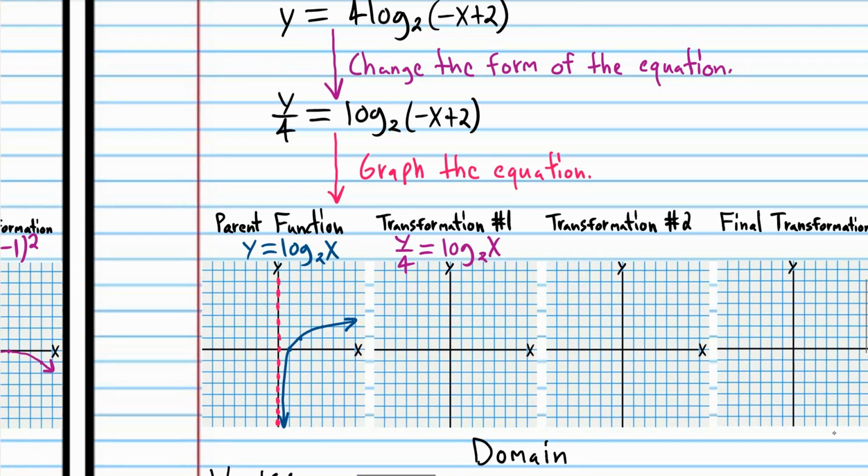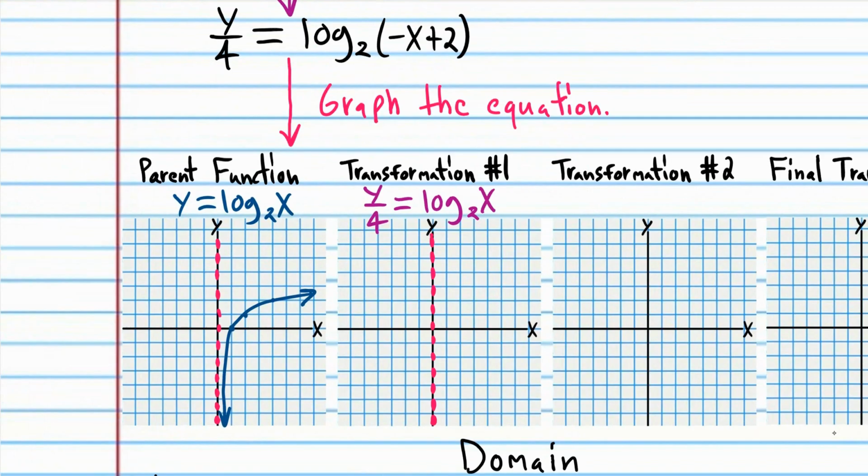So I replaced y with y over 4. And that's not going to affect the vertical asymptote. So we're going to multiply all the y values by 4. That doesn't change this point. But this point has a y value of 1, so the new point is going to be 2, 4.